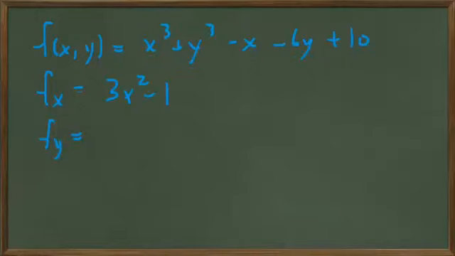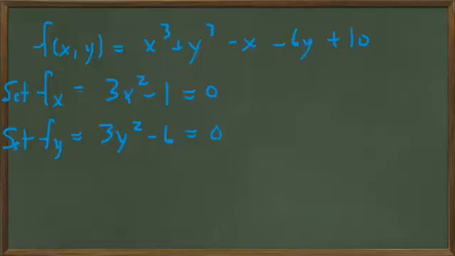And then in calculating f sub y, that partial is coming from those two terms, so it is 3y squared minus 6, and the partial coming from these three terms is 0. So we're going to set both of these partials equal to 0 and find out what critical values we get.